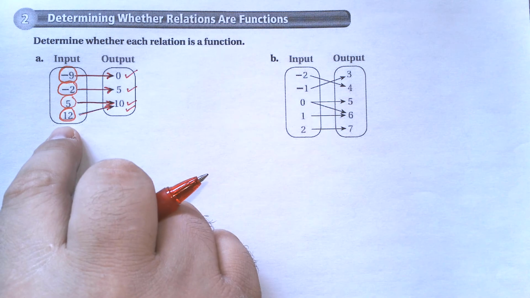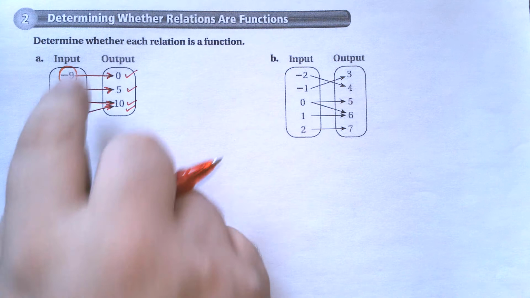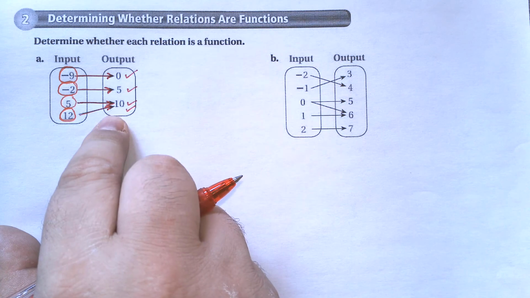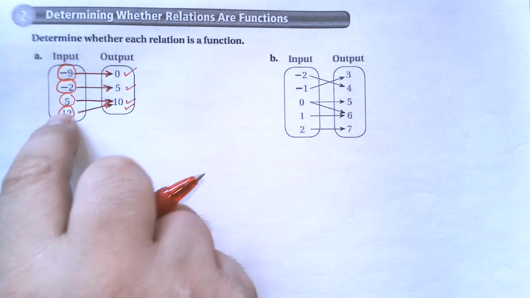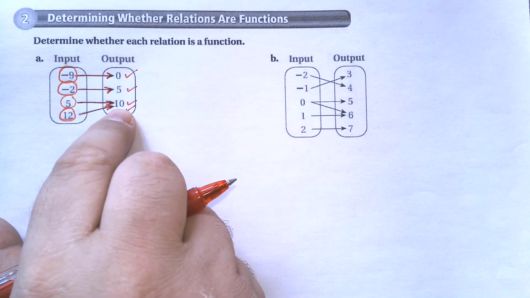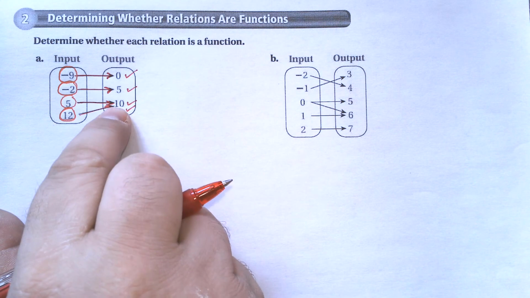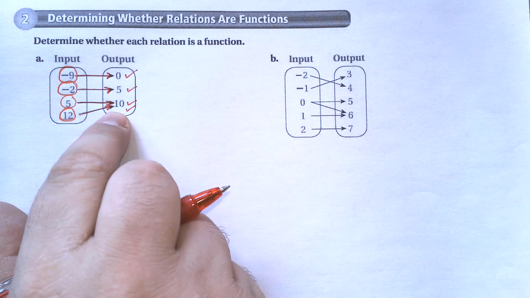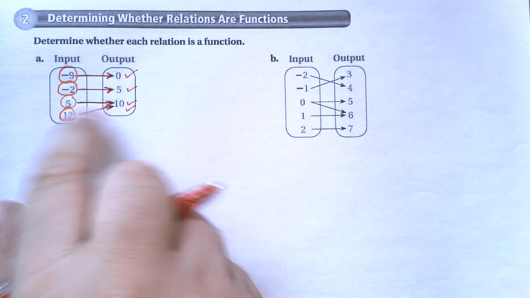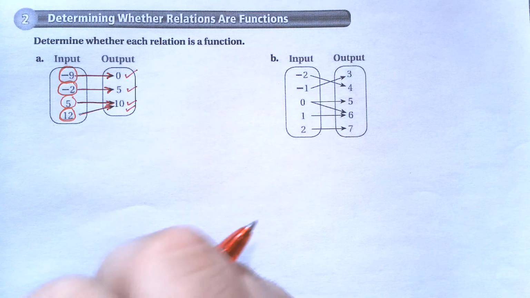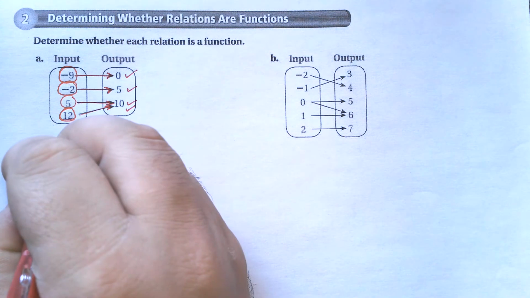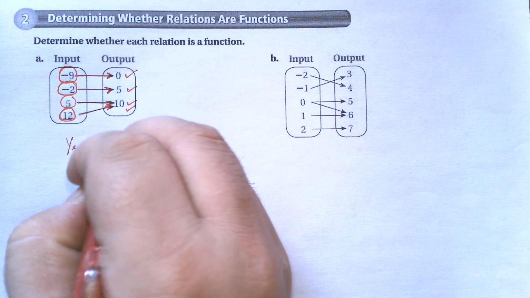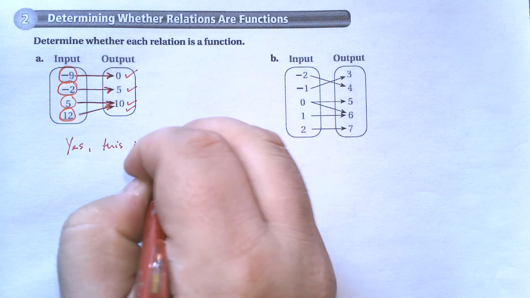Since this is true, for every 5 I put in, I'm only going to get 10. That's one input, one outcome. For every 12, I'm going to get a 10 as well, but that's one input, one outcome. We're good. So this is a function.